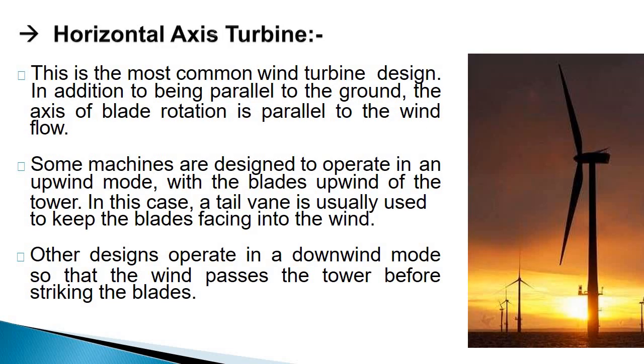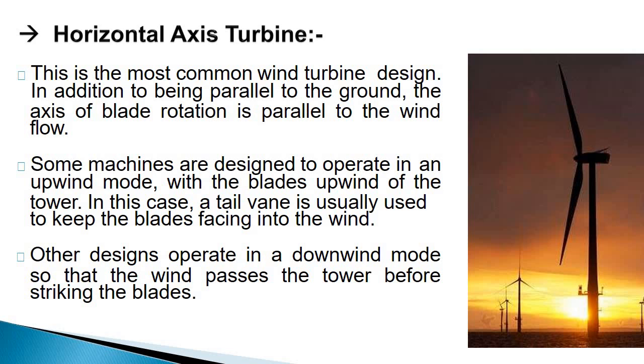Okay, so now let us see the second type of wind turbine, that is horizontal axis turbine. This is the horizontal axis wind turbine, you can see in the figure. This is the most common wind turbine design. In addition to being parallel to the ground, the axis of blade rotation is parallel to wind flow.